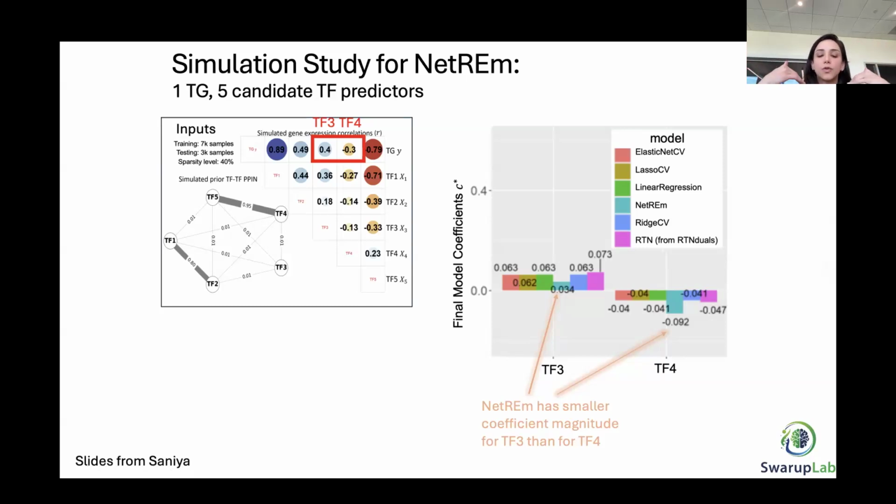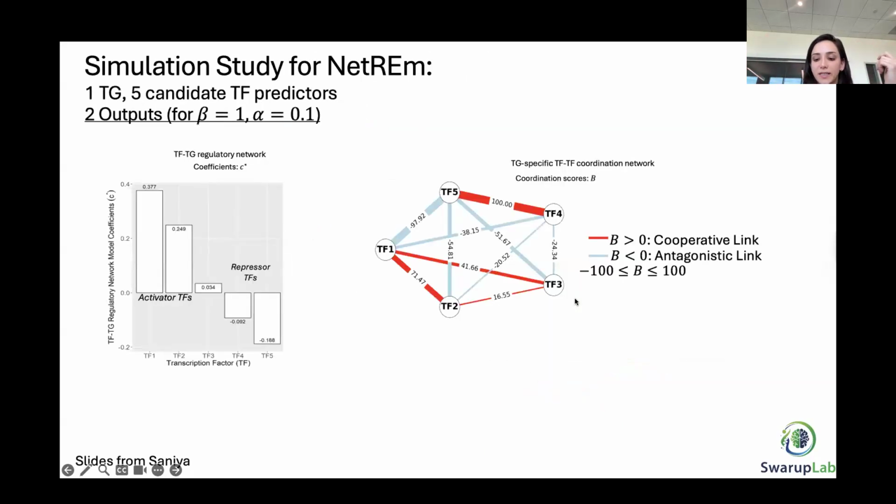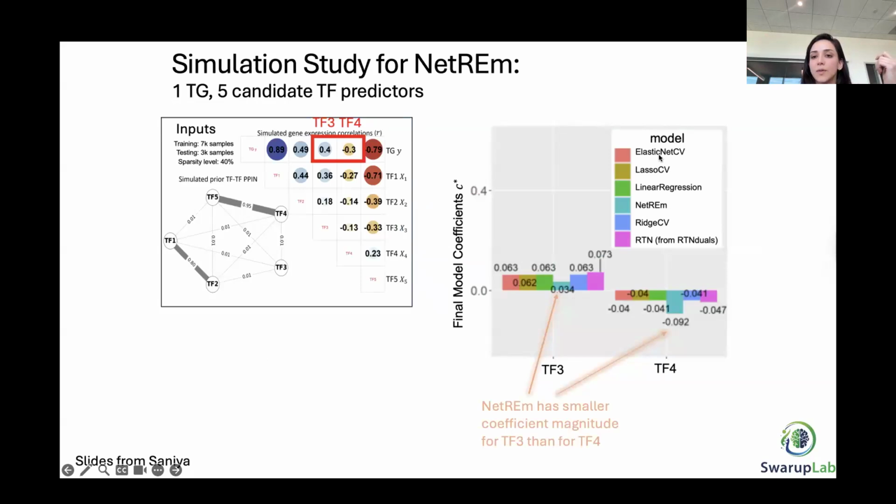So if you were just going to go based on the correlation, as you can see with these other models, you would think that transcription factor 3 is slightly higher in correlation, so it's affecting the target gene Y a little bit more.